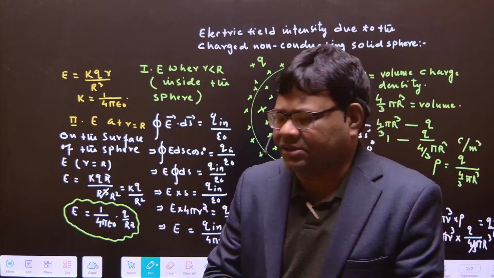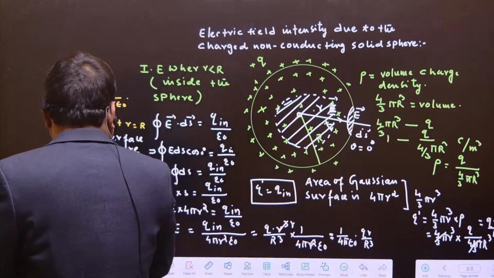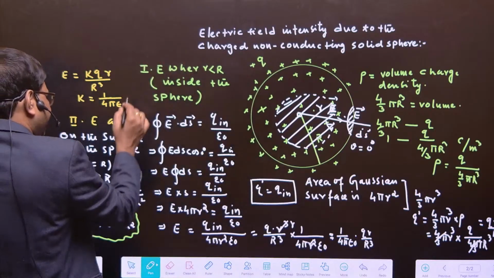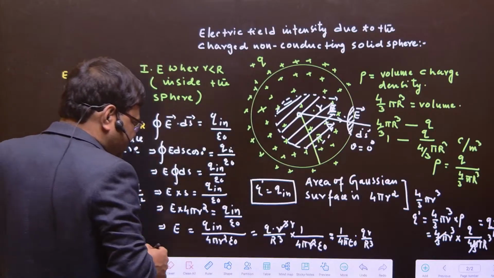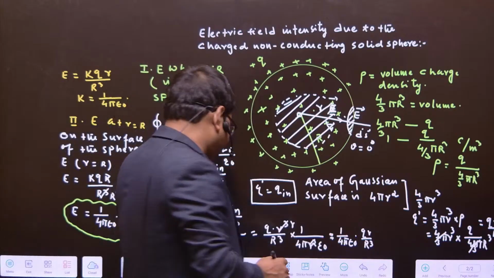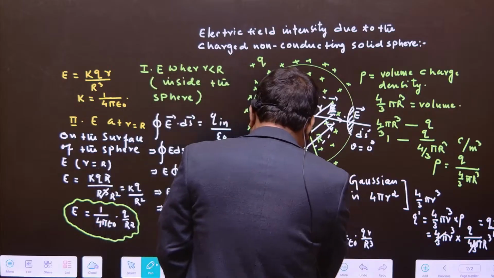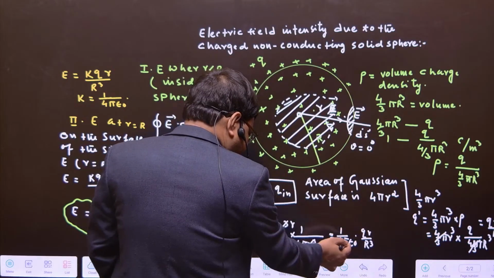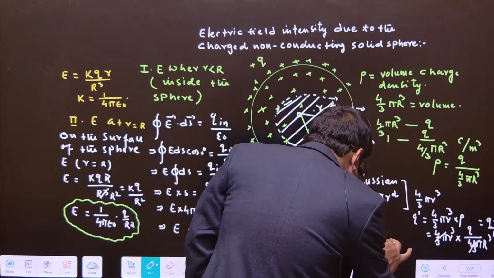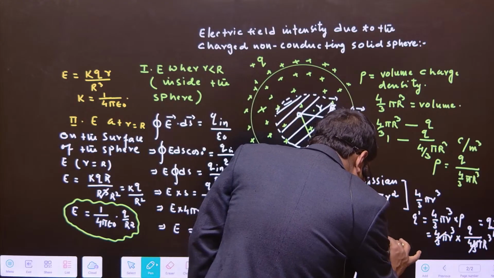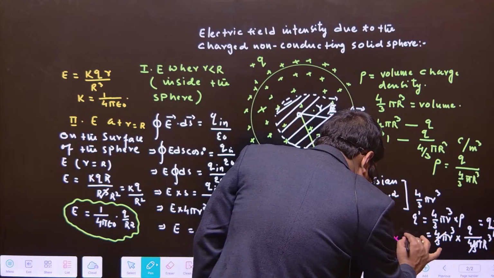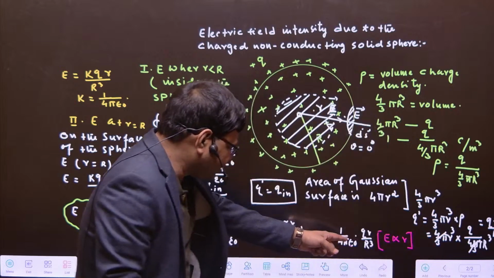Last case, see here. For the first condition, we have got electric field Q r over 4 pi epsilon R cube. For this relation, the electric field is directly proportional to the distance inside the solid sphere.